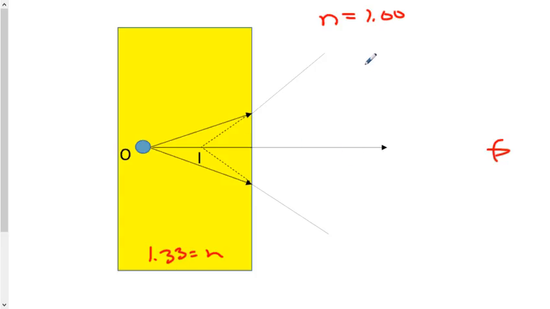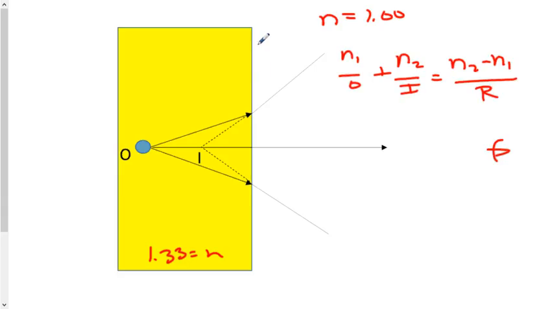So let's take a look at our equation. n1 divided by O plus n2 divided by I is going to equal n2 minus n1 all over R. Well, what's the radius of curvature of a straight line? Well, the radius of curvature is equal to infinity. There is no curvature of a straight line.